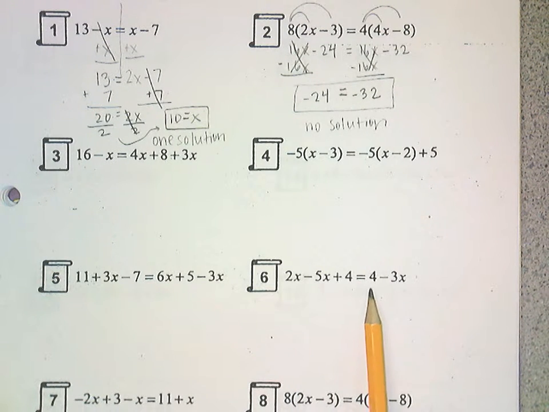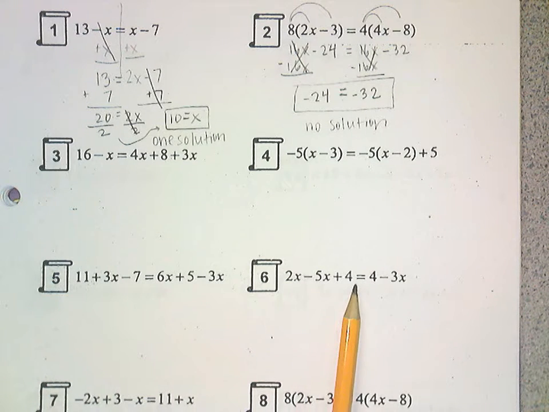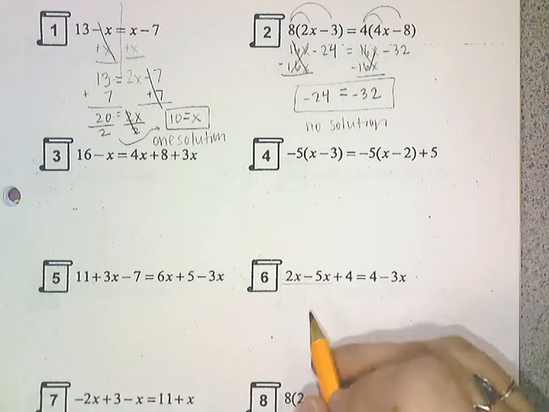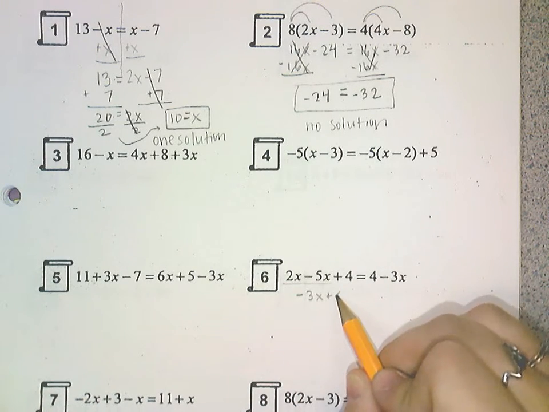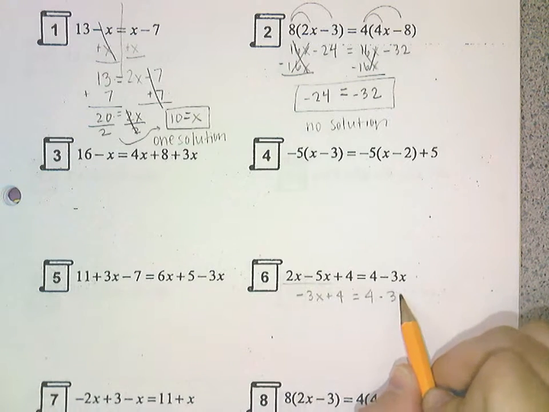Are there any like terms that we can combine on this side? No, there are not. How about on this side? 2x minus 5x plus 4. Yes, these are like terms because they both have the same variable. So 2x minus 5x would be negative 3x, and we still have the plus 4 equals, what's left on this side is 4 minus 3x.